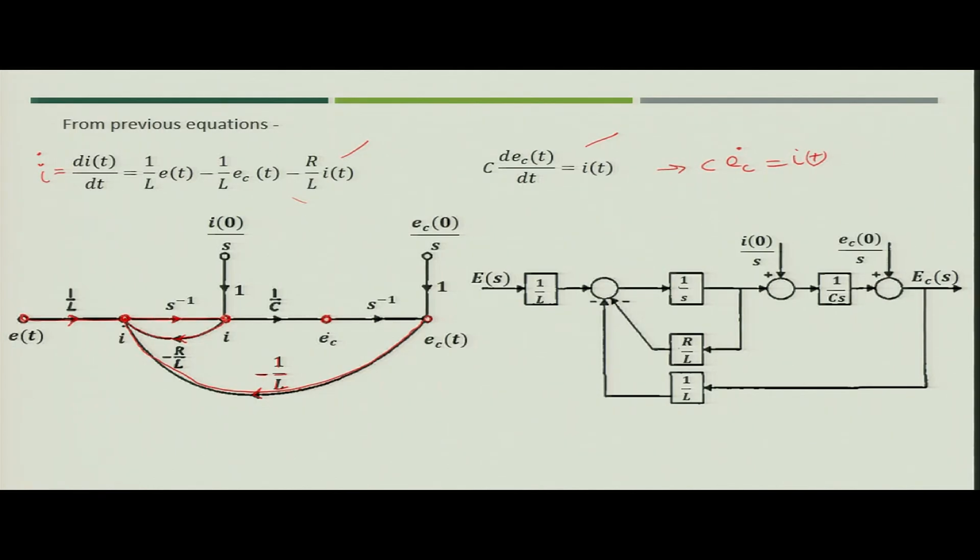So, when we integrate the I dot, we specify the initial condition. The initial condition we consider as I at time t equal to 0 divided by S. So, that also we add.